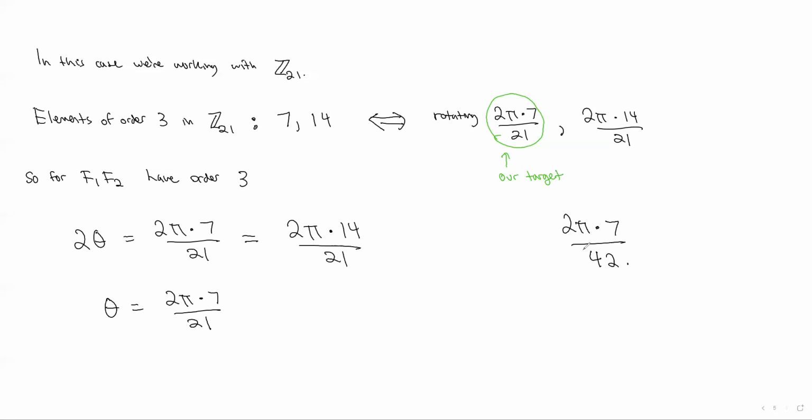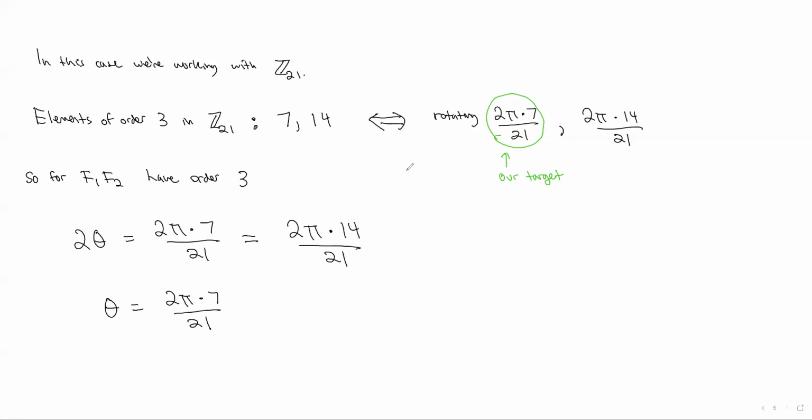If you look at all the possible lines you can reflect over, that angle is not a possible angle you can get. So maybe it is best to just stick in Z21. No, I'll just keep going. I'll just keep translating between the two contexts, even though that makes it a bit more confusing in my opinion.